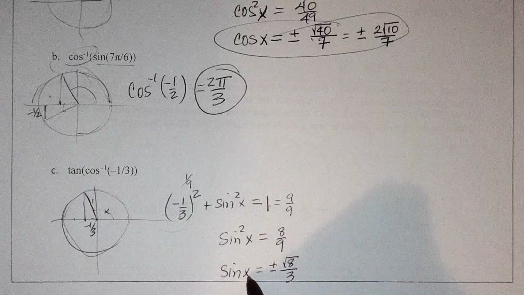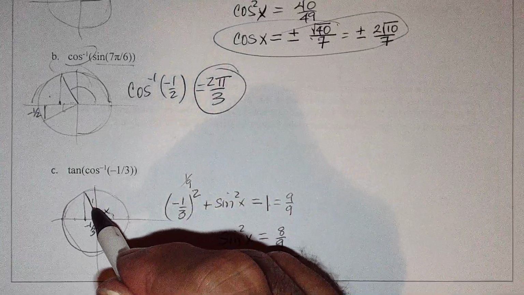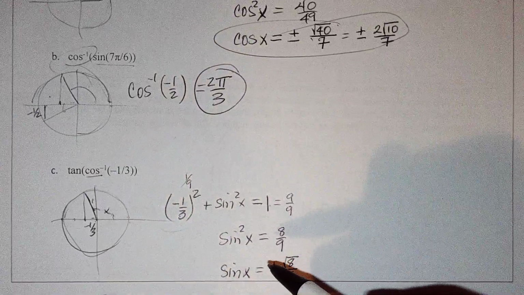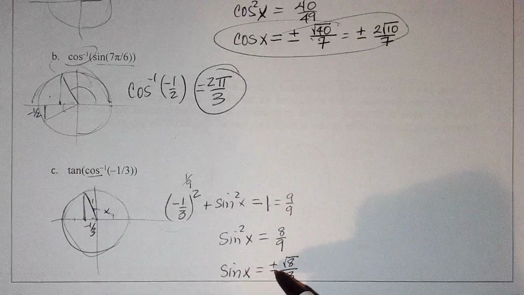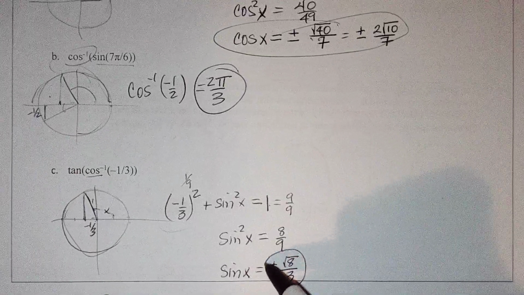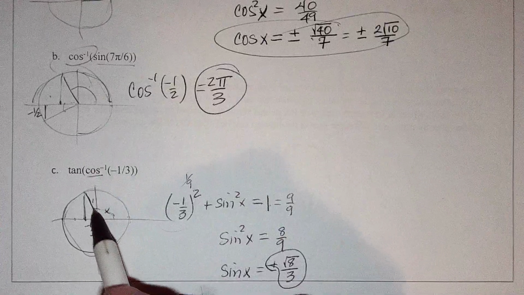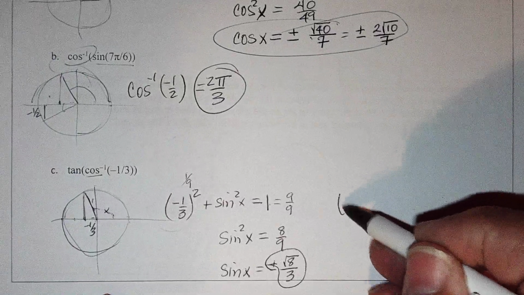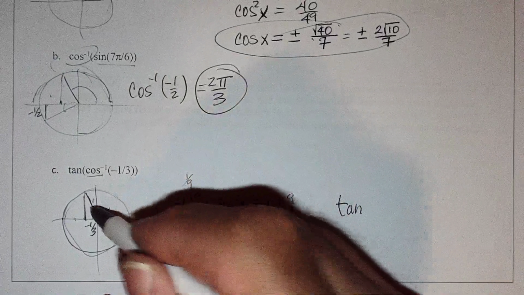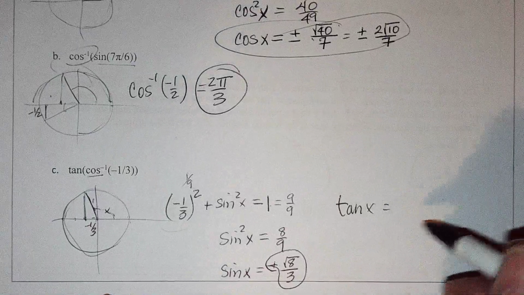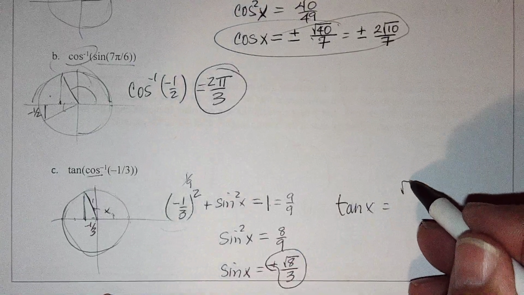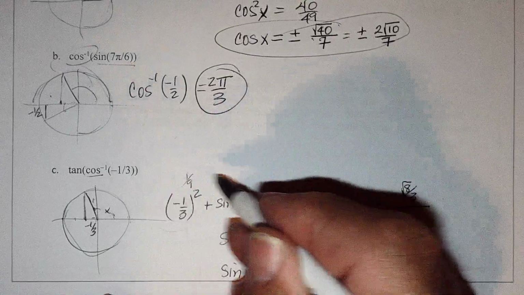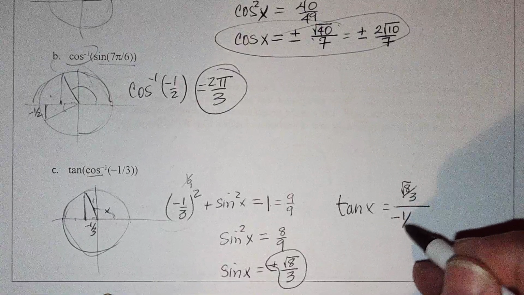Now, x is up here because the cosine inverse forced it to be there. So the sign has to be the positive one and not the negative one, because the principal value says use this one. And so now if I want to do the tangent of this, if we call it x, is the sine, so the square root of 8 over 3, positive, over the cosine, which is -1 over 3.